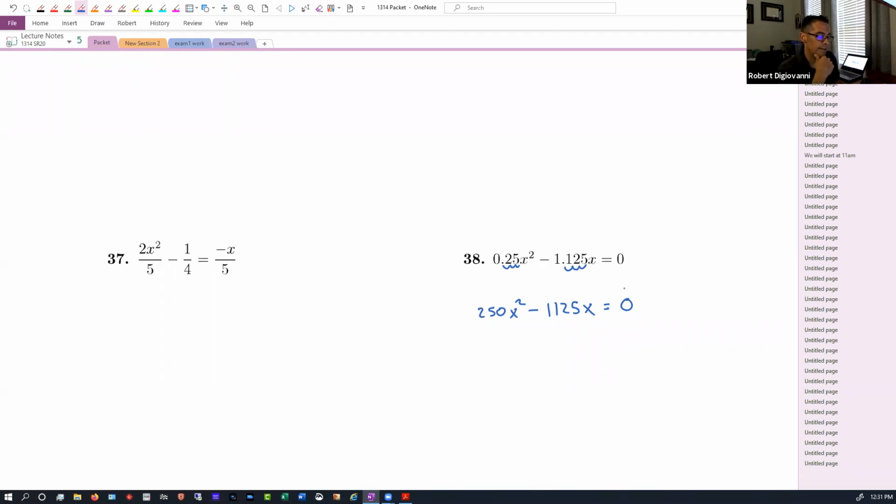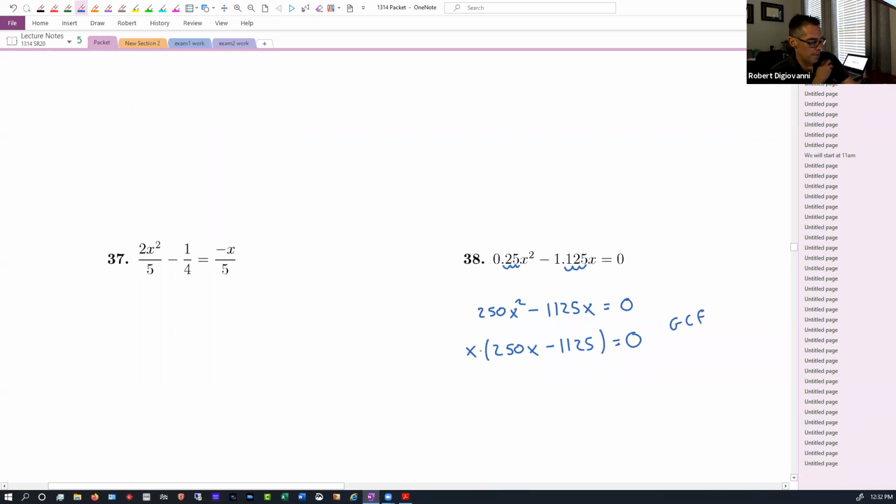I do have that x term, so I'm going to have to use either factoring or the quadratic formula. And in this one, it actually works out easier if you factor it, because you can just pull out an x right now. They both have at least one x. So I can pull out a GCF on that step.